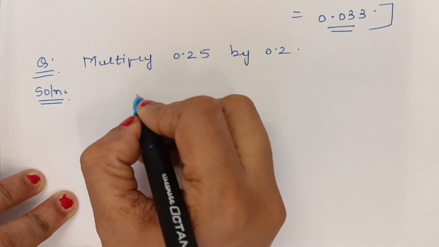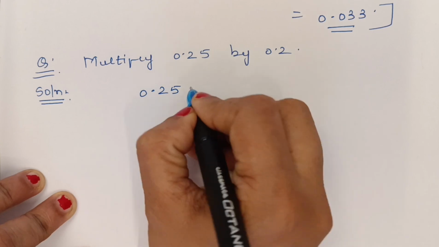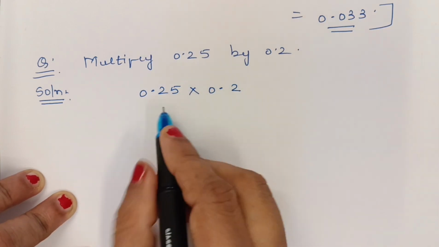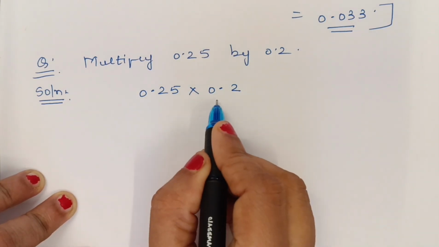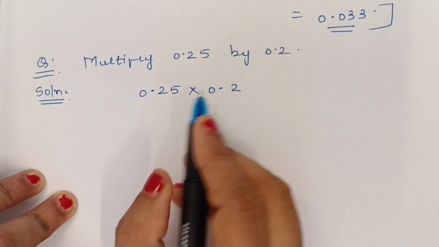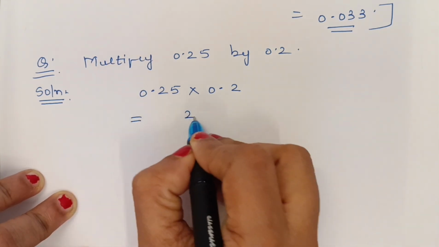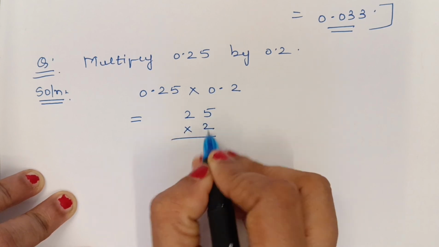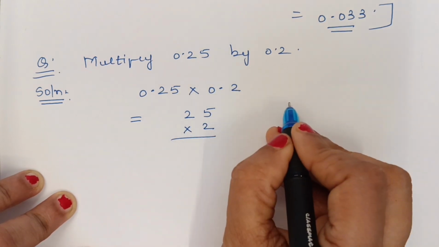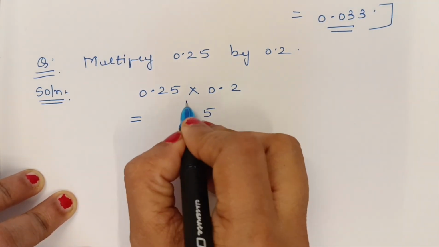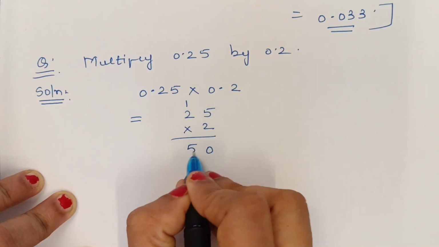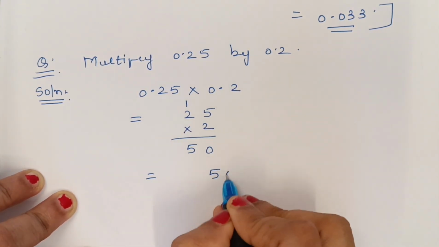Fine. 0.25 into 0.2. Ignore the decimal points and multiply. So 25 into 2, vertical method. You can do it horizontal method also. 5 2s are 10, 2 2s are 4, 5. So what you got? 50.